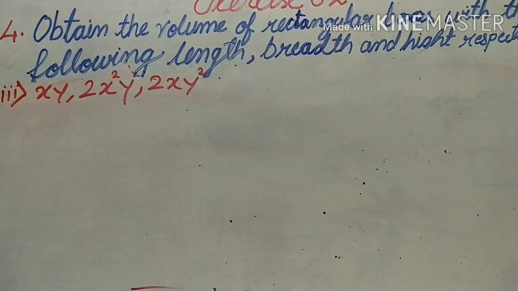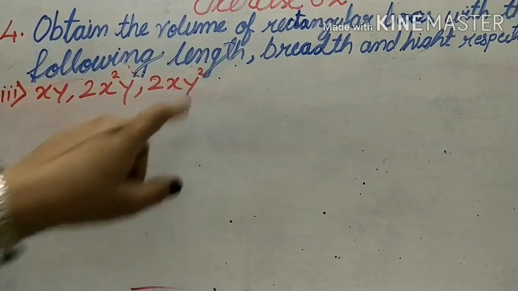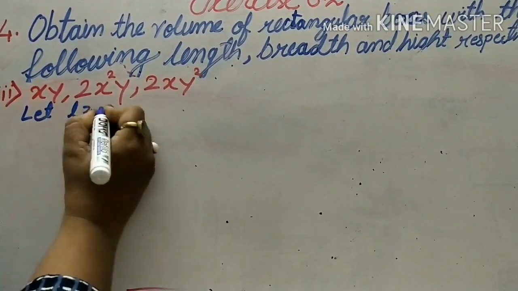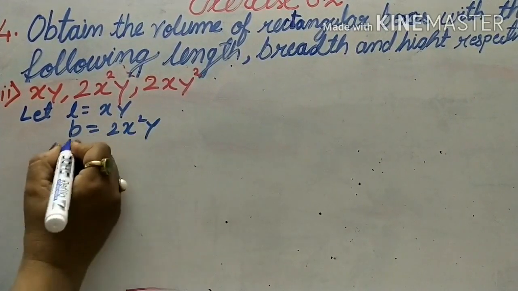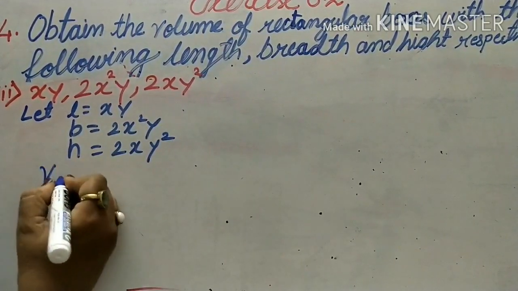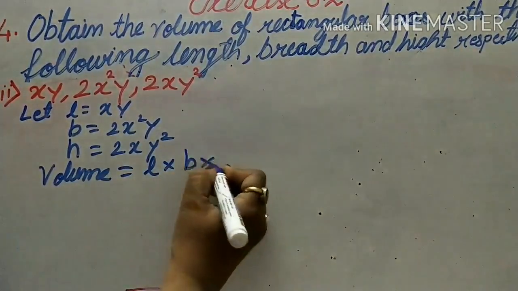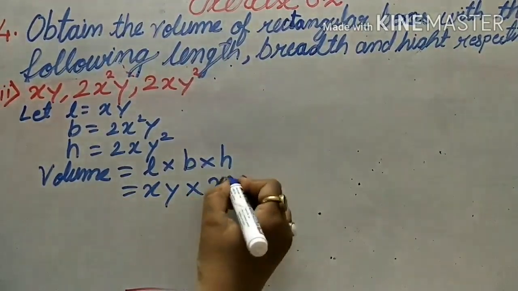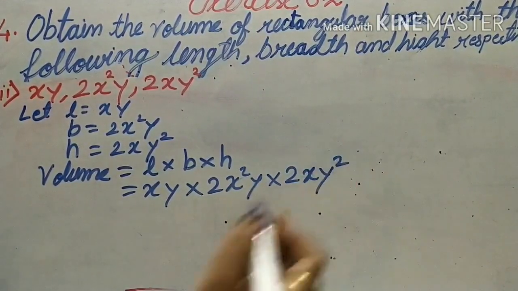Third one, xy comma 2x square y comma 2xy square. Similarly, first we have to consider let length is equal to xy, breadth is equal to 2x square y and height is equal to 2xy square. So volume of rectangular box is equal to length into breadth into height is equal to xy into 2x square y into 2xy square.